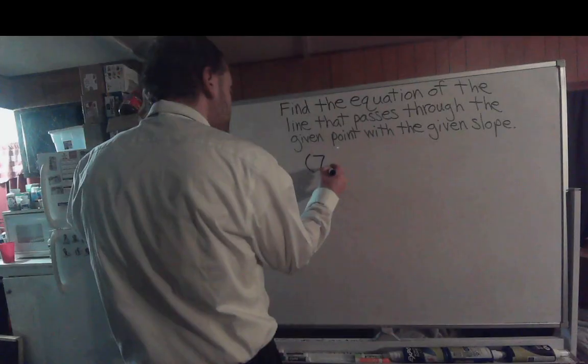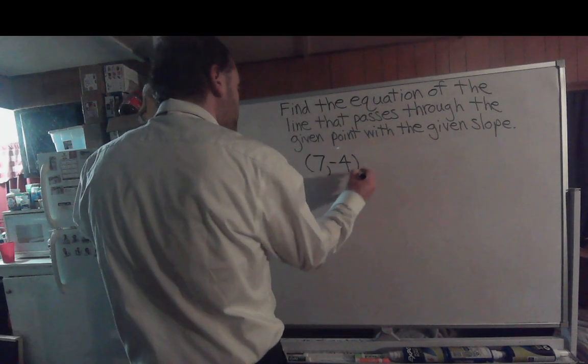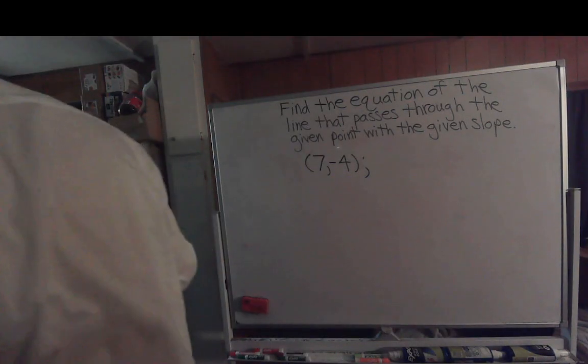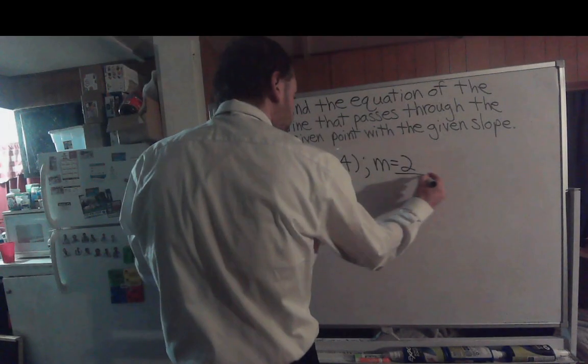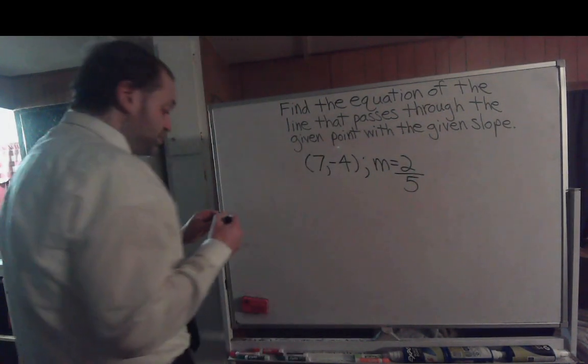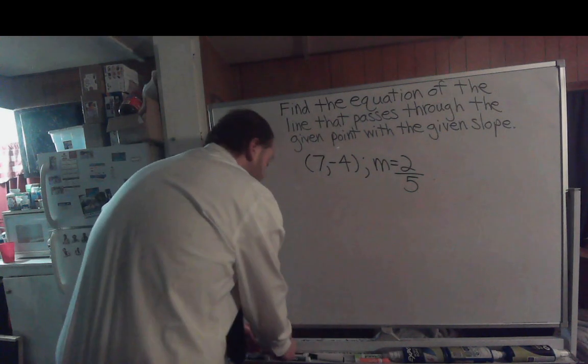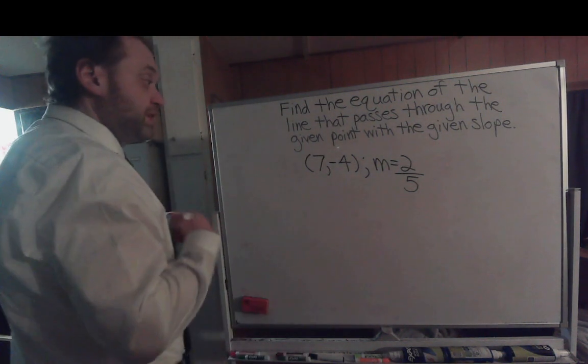All right, this time we got the line passing through the point 7, negative 4 with the slope of 2/5. All right, so the line passes through the point 7, negative 4 with the slope of 2/5.